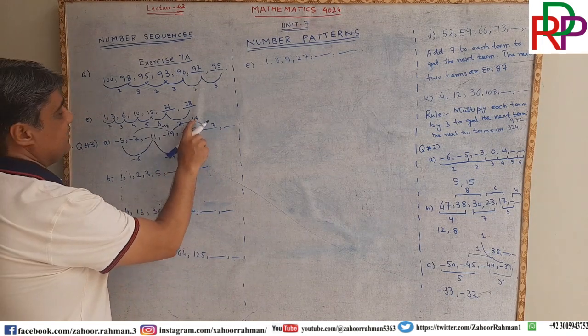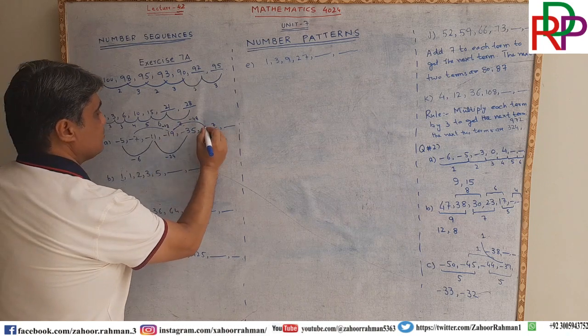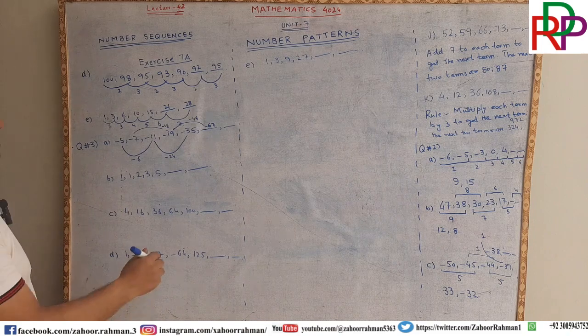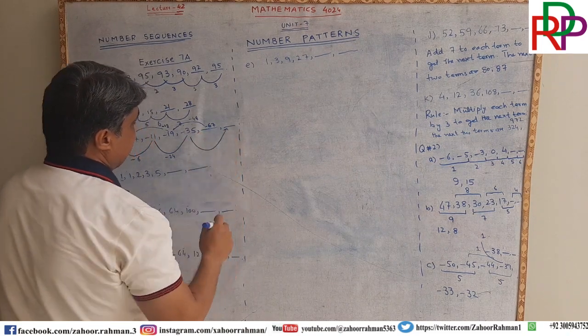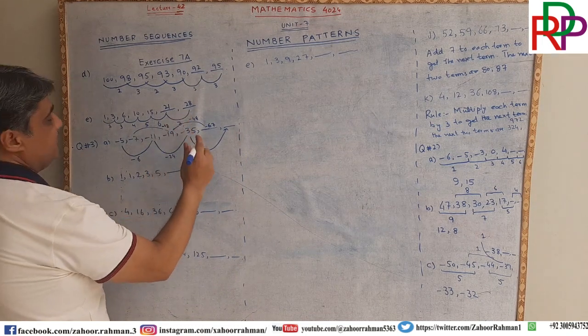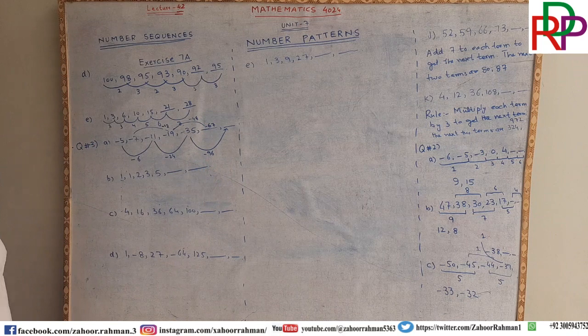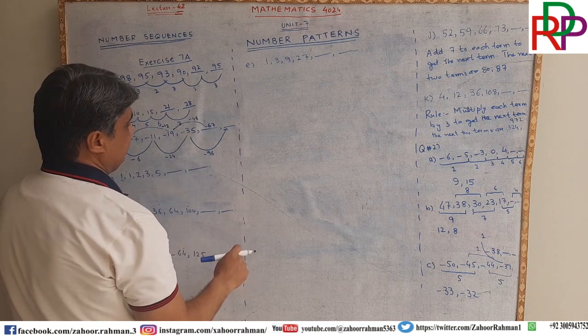and -5 and -6. So it will be -67. Now this and this will have a difference of double of it, -96. When 48 is doubled, you have to add this with 35.